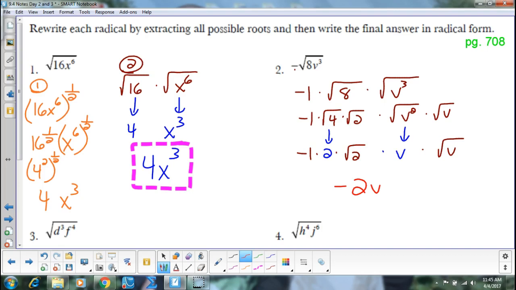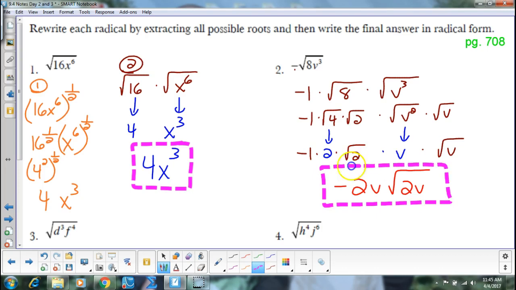Insides get multiplied with other insides, times the square root of 2v. If it were a cube root, then I would be looking for multiples of 3 on my exponents and so on. You do numbers 3 and 4.